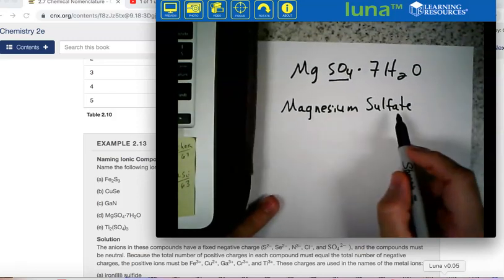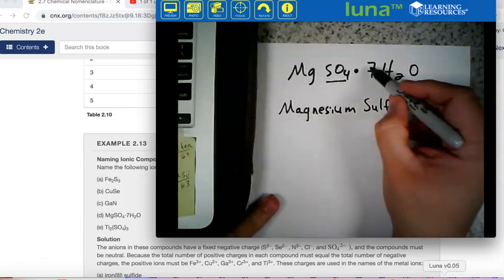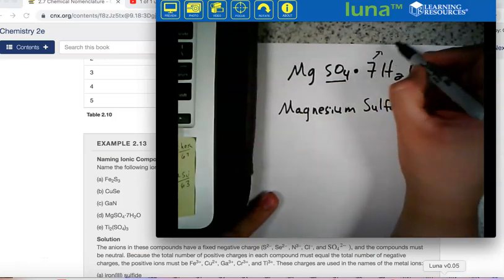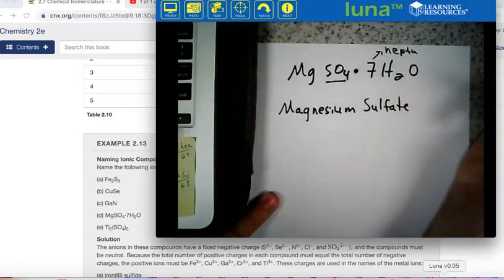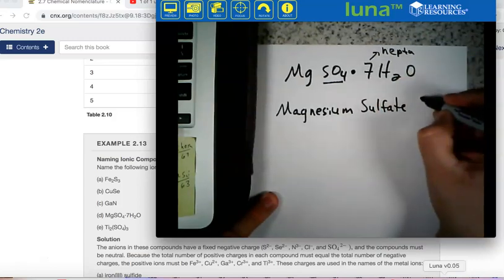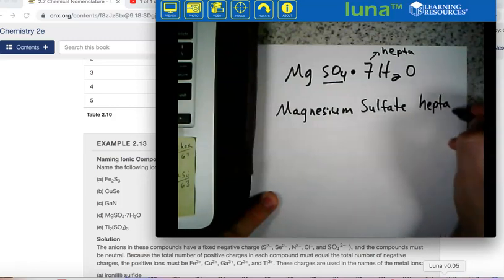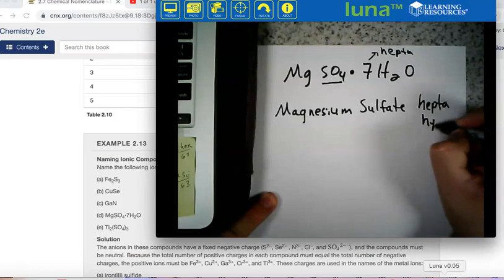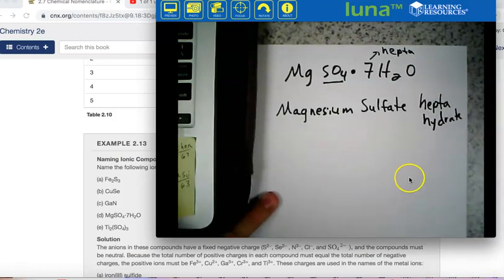So magnesium sulfate, and then the dot here just represents it complexed together. The prefix for 7 is hepta, so this is going to be magnesium sulfate heptahydrate. That would be the name for this formula here.